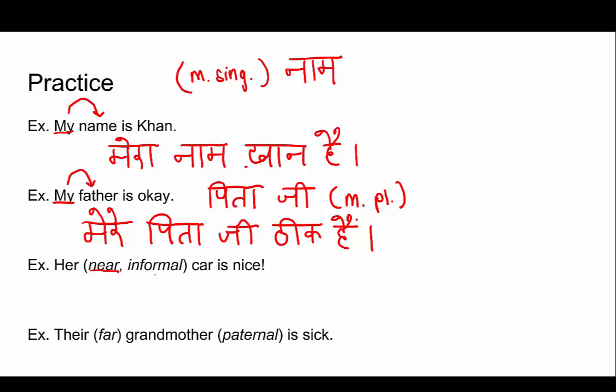Her, near, informal, car is nice. So remember the word for her when referring to a her that is nearby and not in a formal manner is iska, iske, or iski, depending on what the noun being possessed is. In this case, the noun being possessed is car.